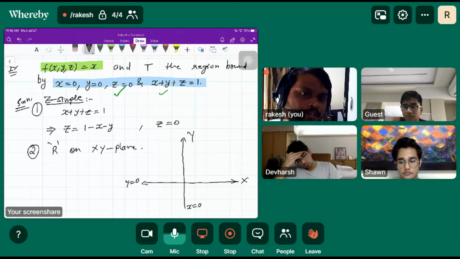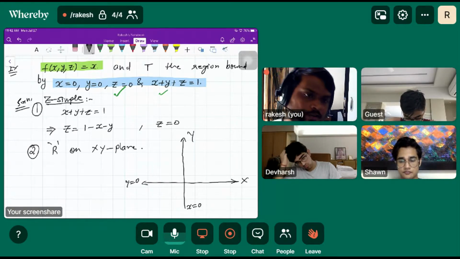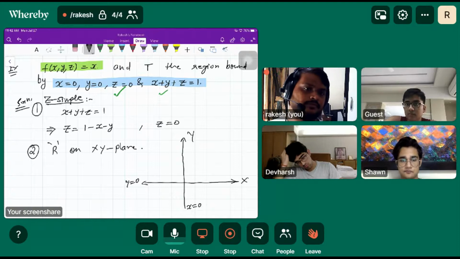So suppose we are on z is equal to 0, we are already on the xy plane. How do we define our region R which is on the xy plane?